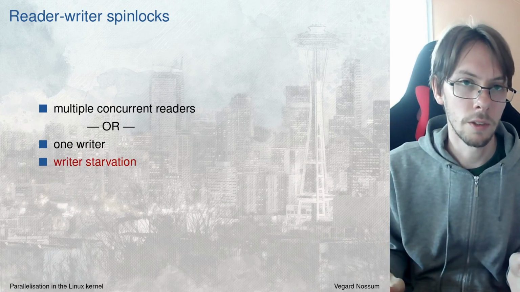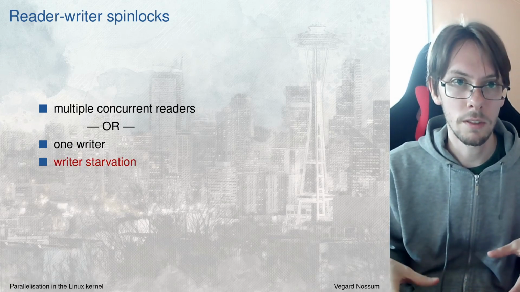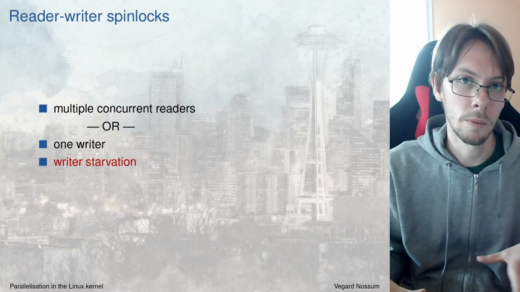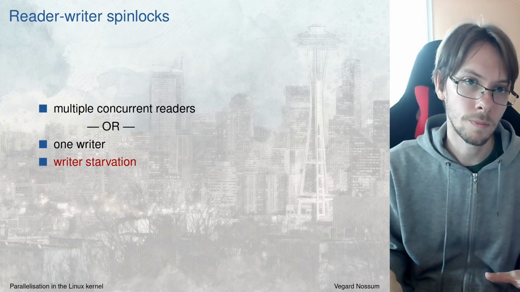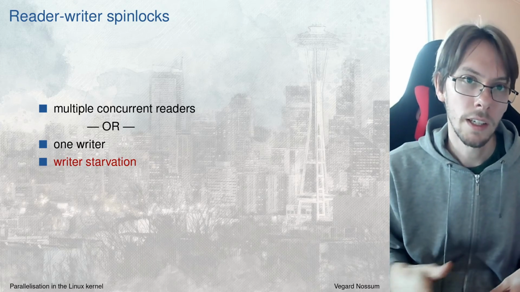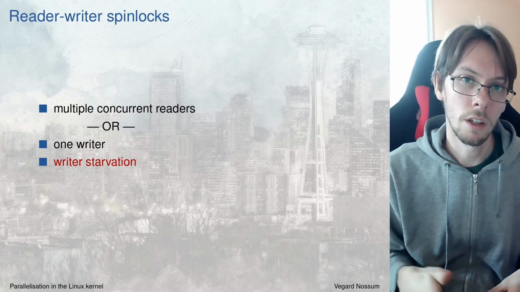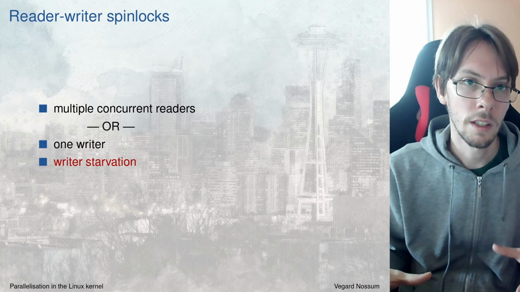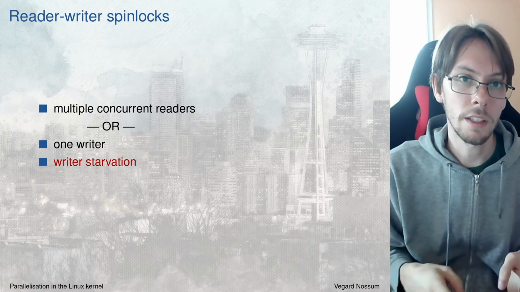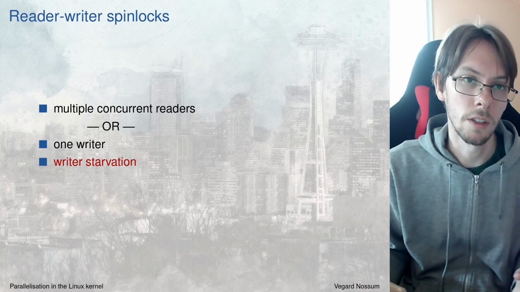And this seems like a really good idea, but in practice, it turns out that there is a big problem with writer starvation. Basically, you can end up in a situation where there are new readers coming in all the time, and basically they're completely blocking any writers from getting their work done.